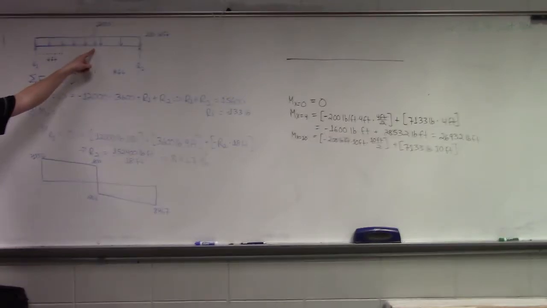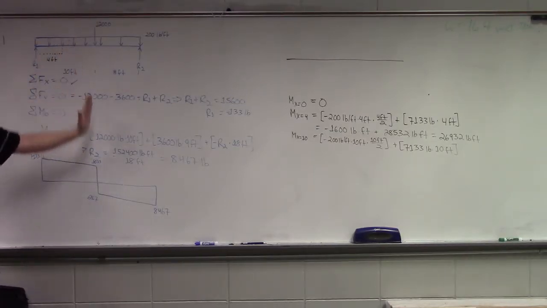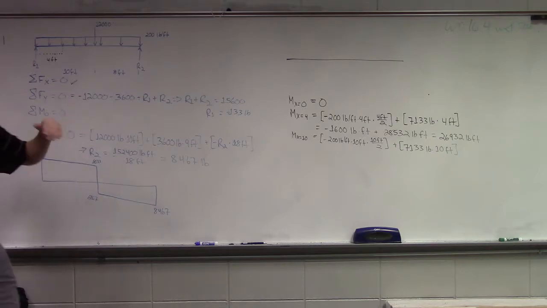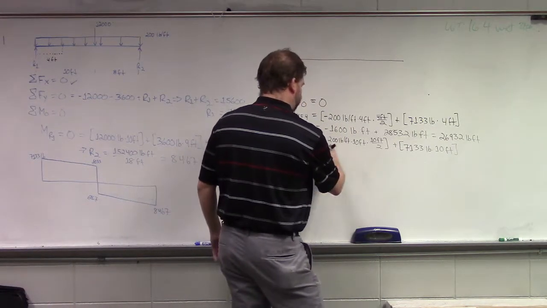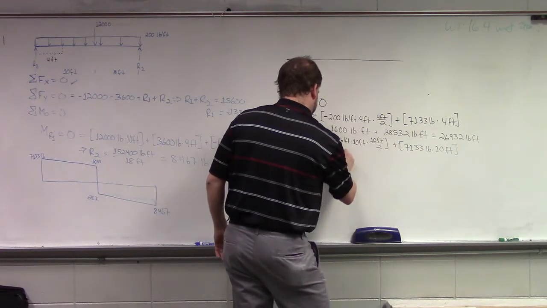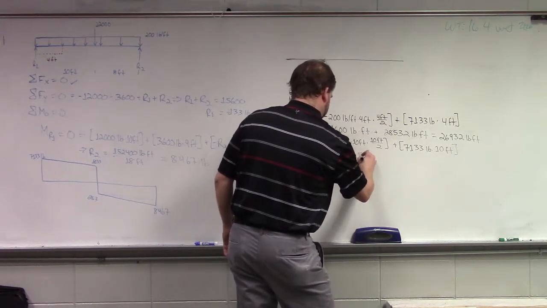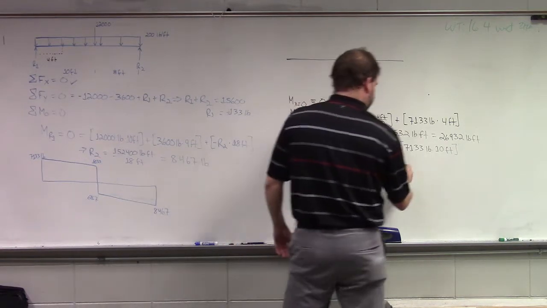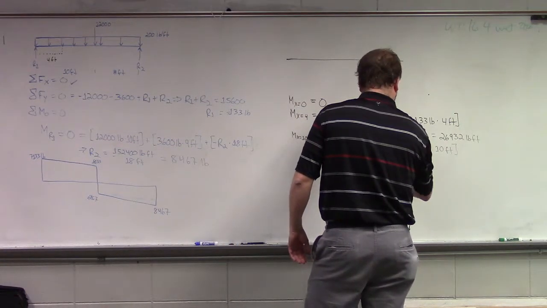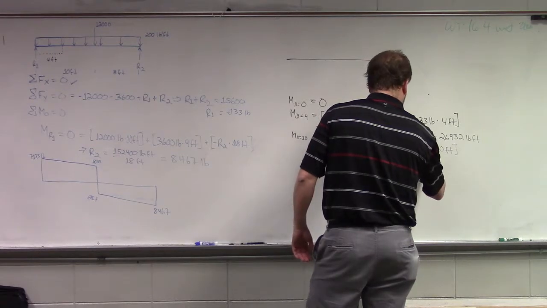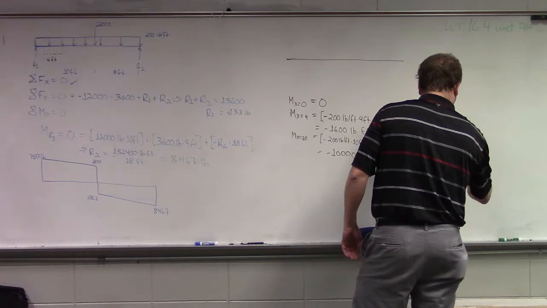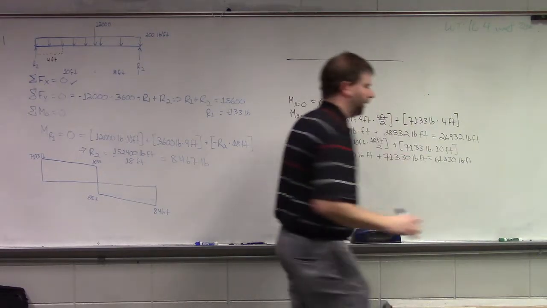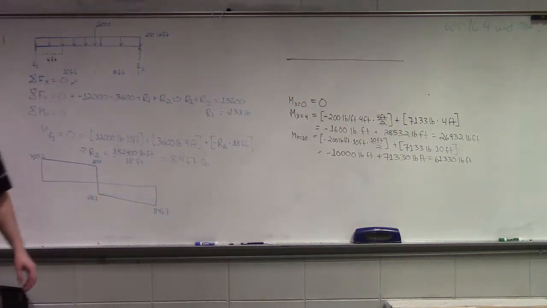Is that having an effect? Not, it's passing through that line of action, right? So it's not causing any rotation. So that becomes negative 2,000, negative 10,000 pound-feet. Okay, so 61,330 pound-feet. Yep.